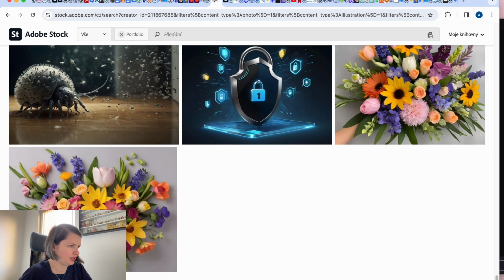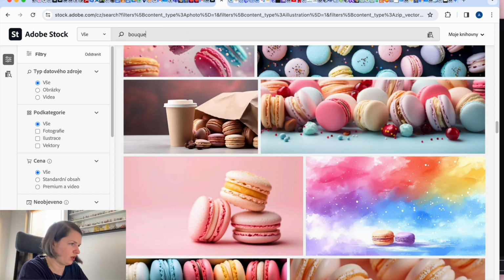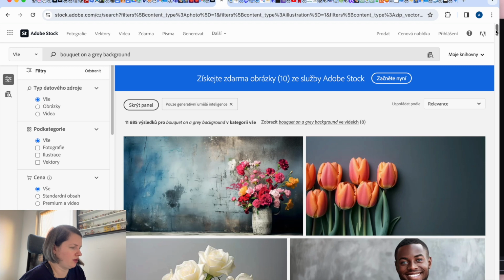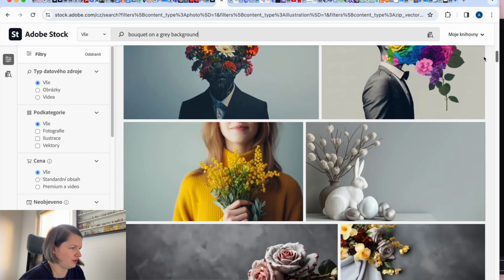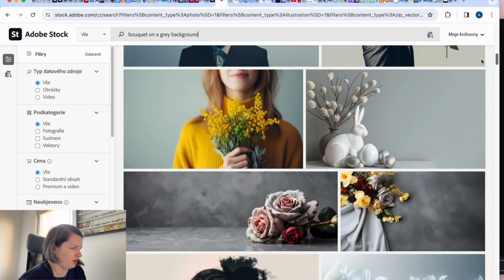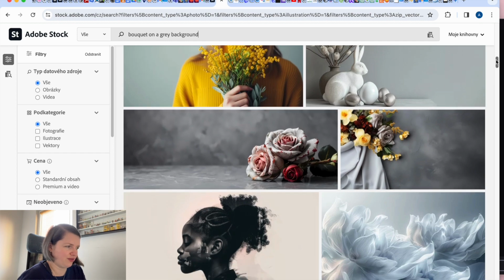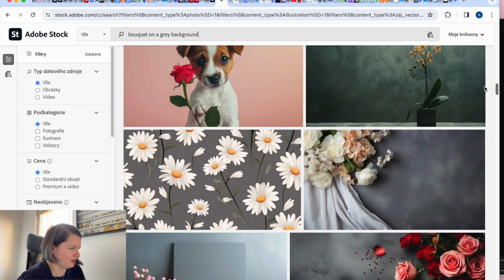Okay, so again, bouquet on a gray background. There are some, and I don't know, if you look at the actual bouquets on gray, it looks like a funeral to me. I don't know, it's just sad.